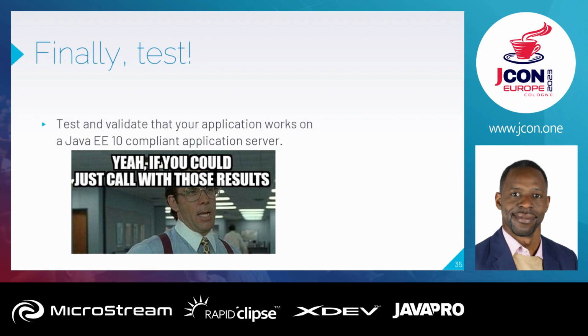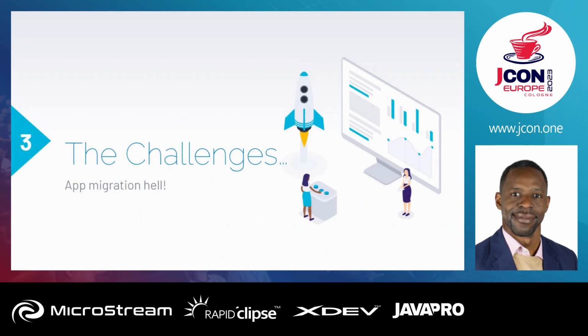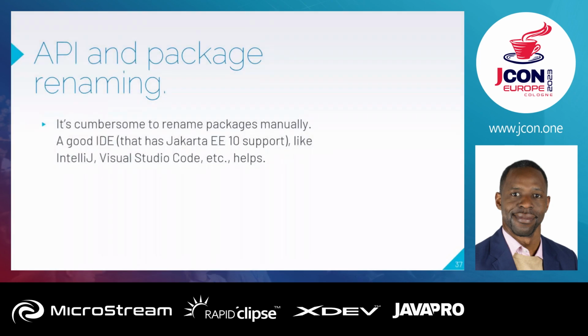All right. So, what are the challenges and opportunities when updating to Jakarta EE? So, if you have what you call the huge monolith, where everything is in there all at once, yeah, renaming will be a nightmare.